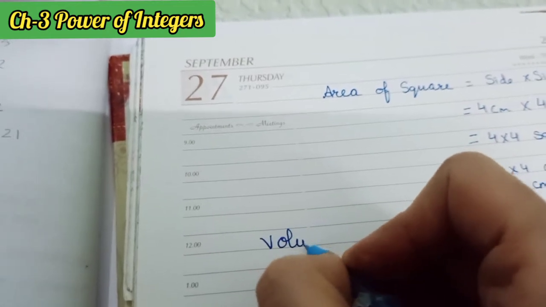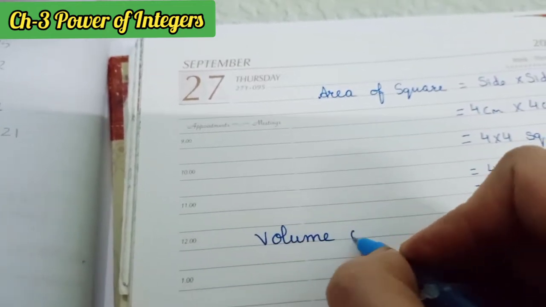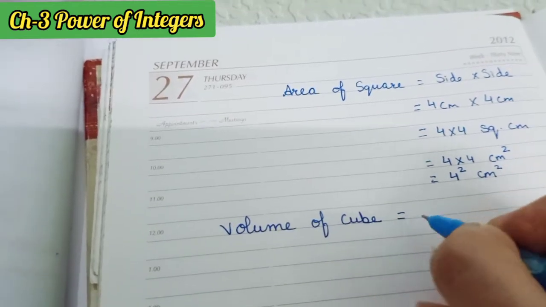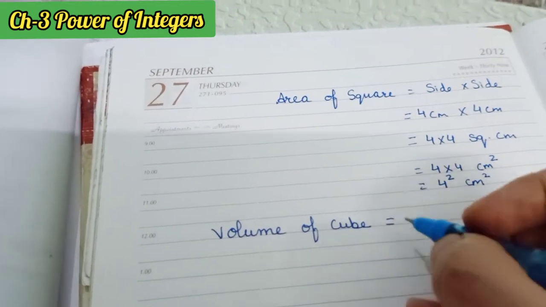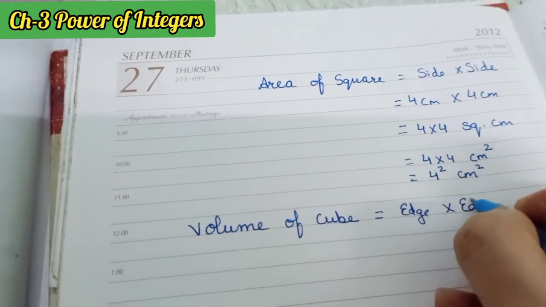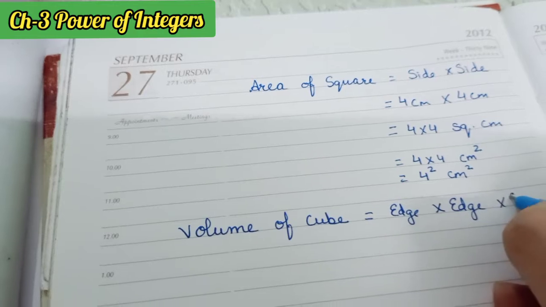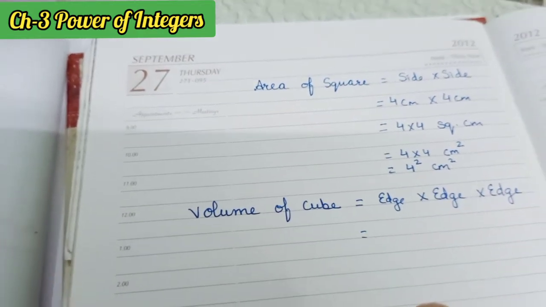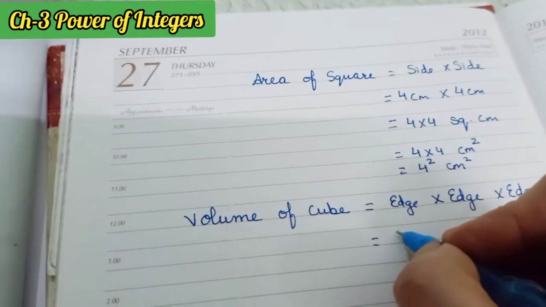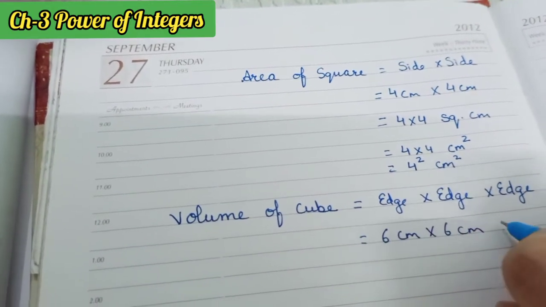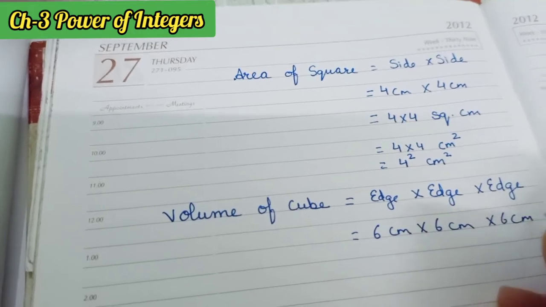Now if you come to volume of cuboid or cube, that will be edge multiply edge multiply edge, and if the edge will be given as 6 centimeter, so you will write 6 centimeter multiply 6 centimeter multiply 6 centimeter.